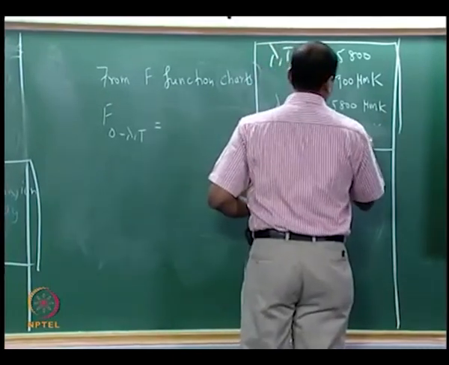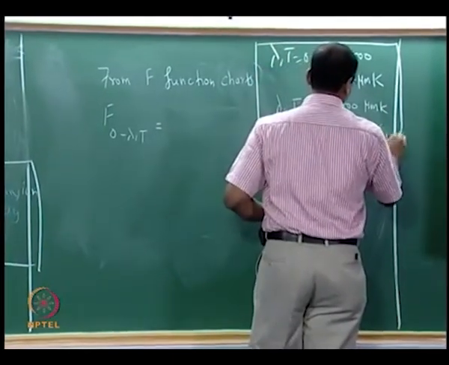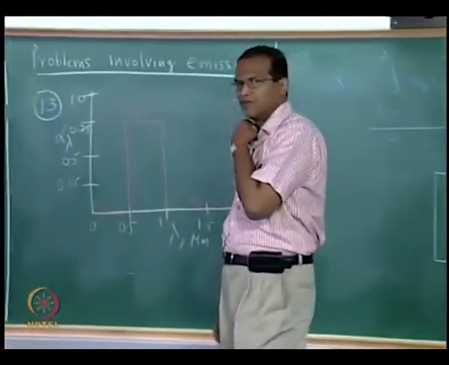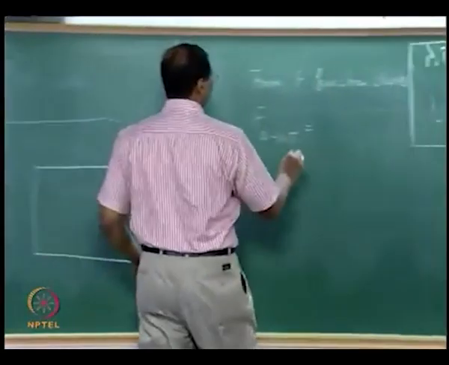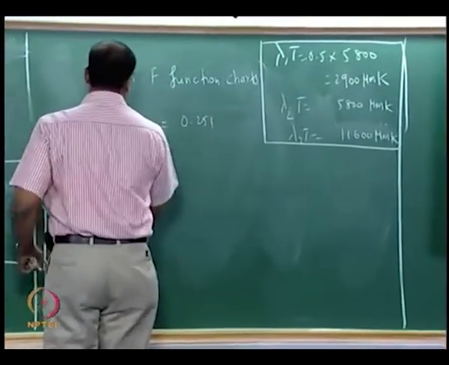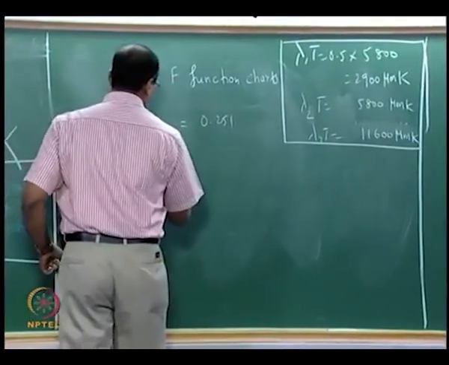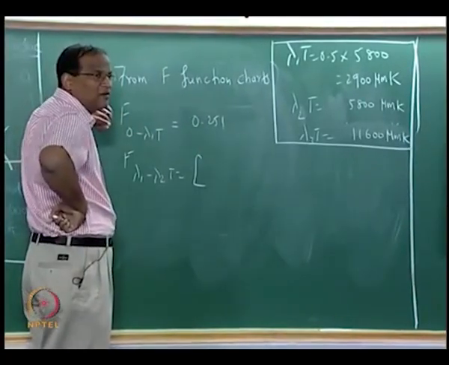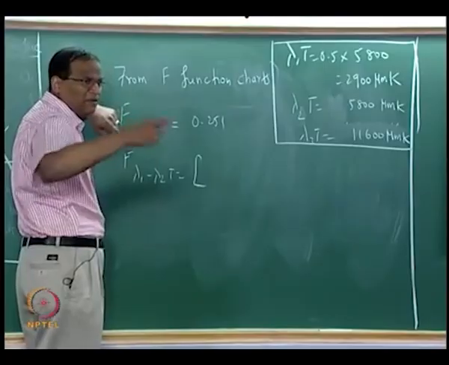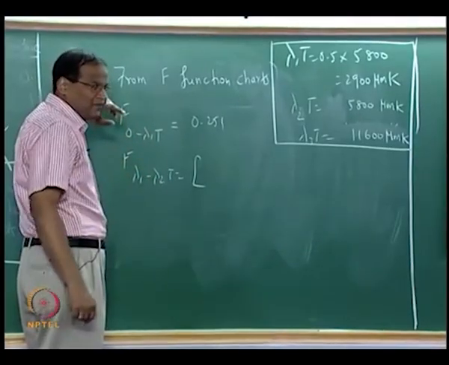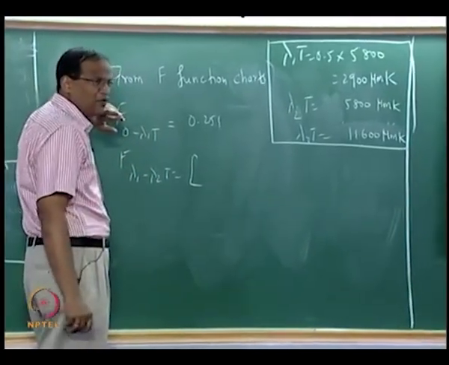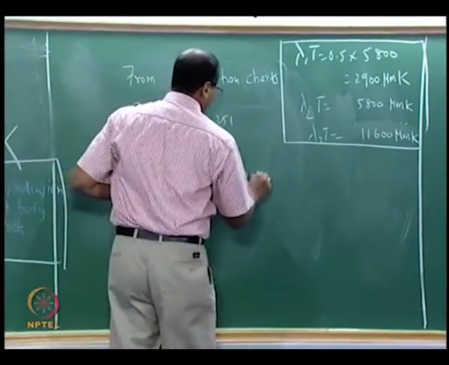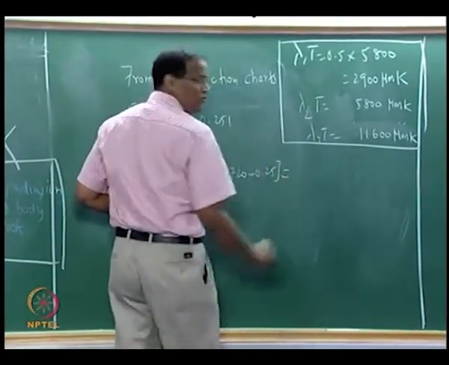F of 0 to lambda 1 is 0.25. F of lambda 1 to lambda 2 is something minus 0.25. What is that? Tell me before subtracting. Minus 0.25? 0.720? How much is this? 0.47?